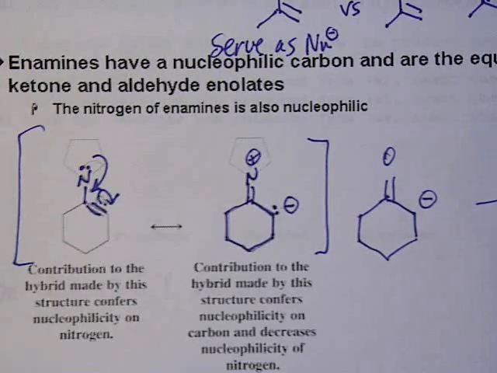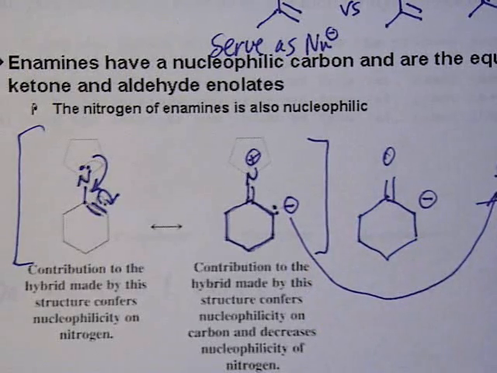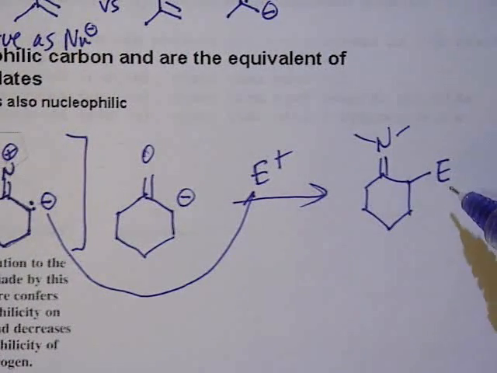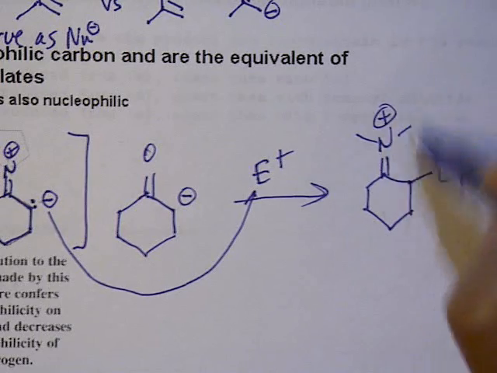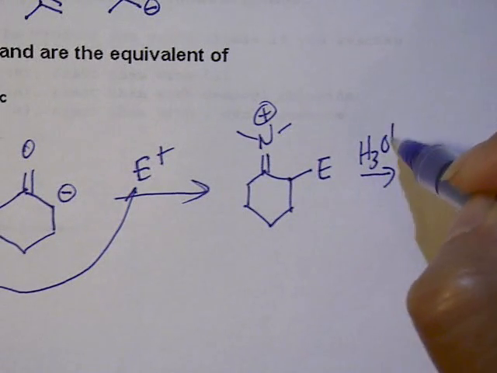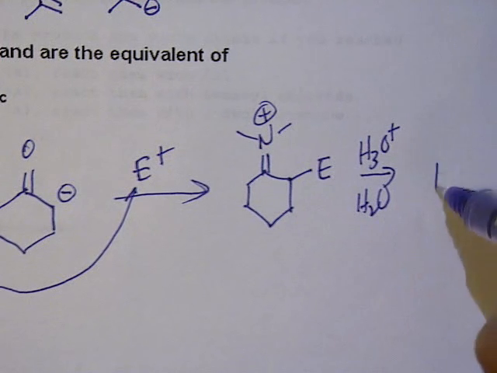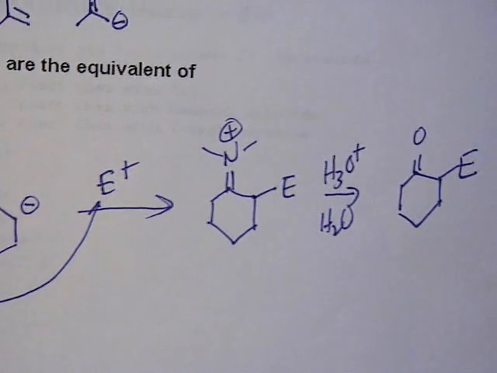So what this means is that this could go and react with an electrophile and put the electrophile on to the alpha carbon, and then this ammonium salt, as you know, readily hydrolyzes with water, and basically you get your carbonyl back with the electrophile attached to it.